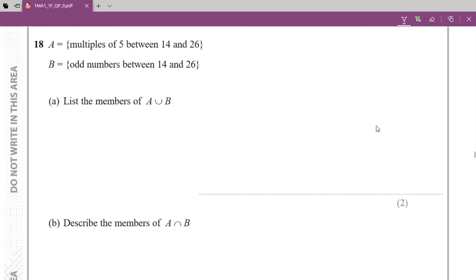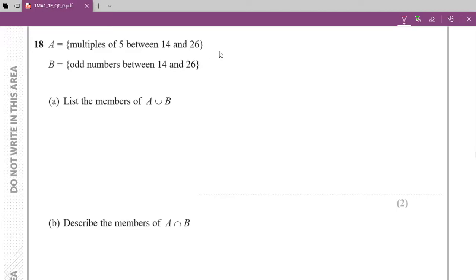It says A is a set of multiples of 5 between 14 and 26, and set B is a set of odd numbers between 14 and 26. Here, for the multiples of 5 between 14 and 26, you're going to look for the numbers of the 5 times table between 14 and 26.